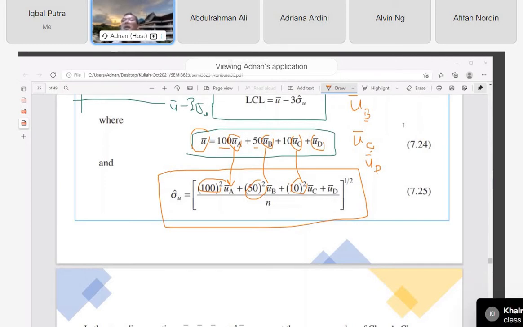Why do we need demerit control chart? What is the limitation of other attribute control charts? Why do we need another type of chart? Why do we need demerit control chart? Please respond in the chat box.